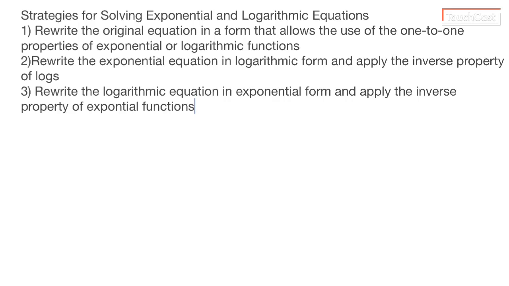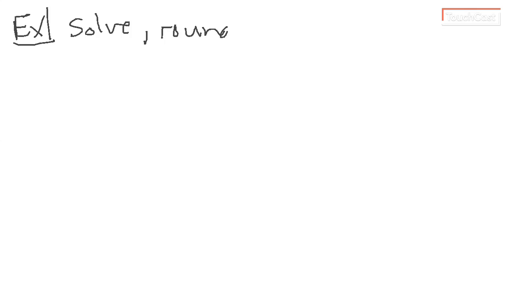So now I want to look at some examples to try to talk you through how to make sense of these guidelines and strategies and properties. So let's look at example 1. And we're going to solve and round to 3 decimals.